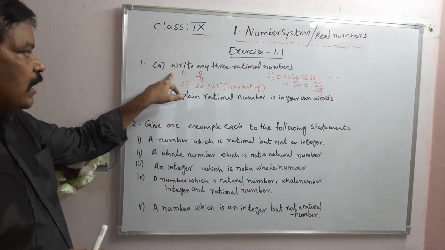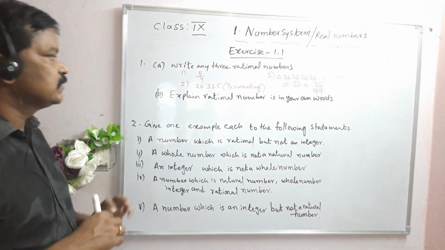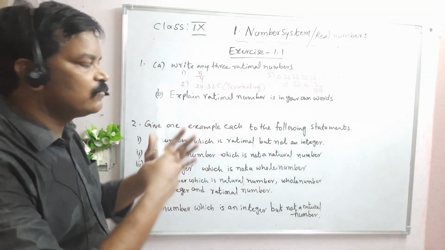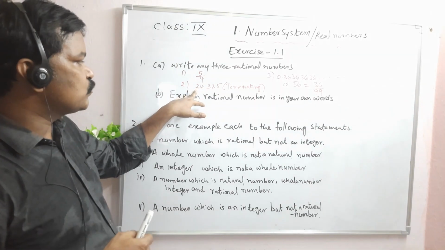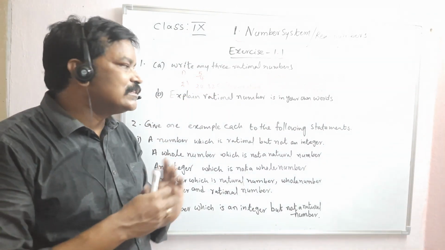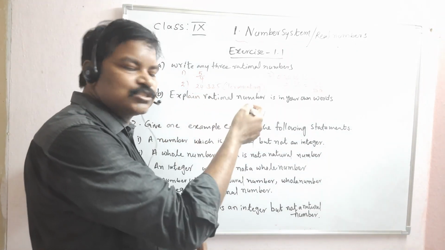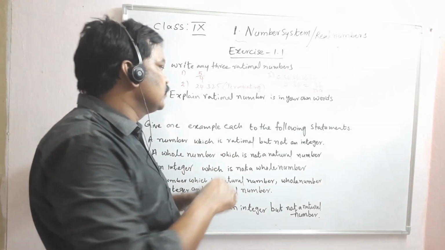So I have written three different rational numbers. One is 5 by 4, it's absolutely in P by Q form or fractional number form. Next one is 24.325, this is a terminating decimal. So what is the fractional form or P by Q form of 24.325?